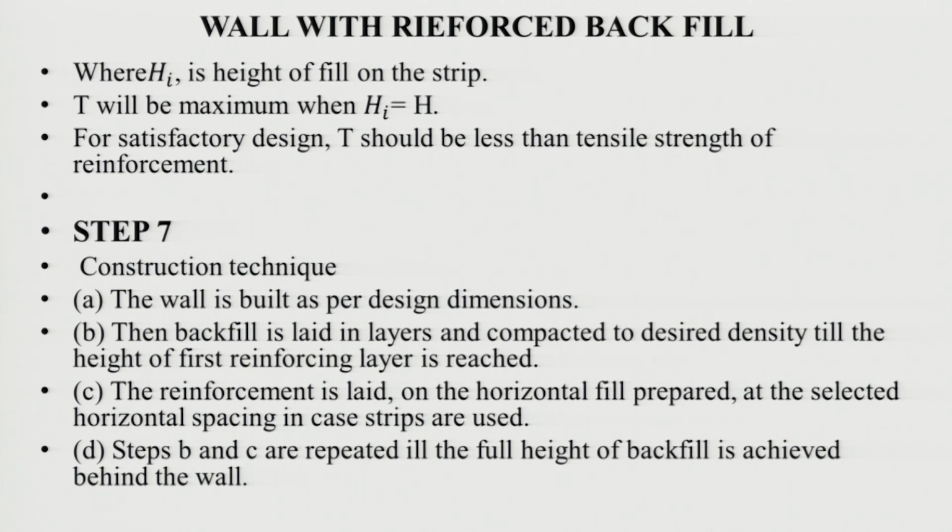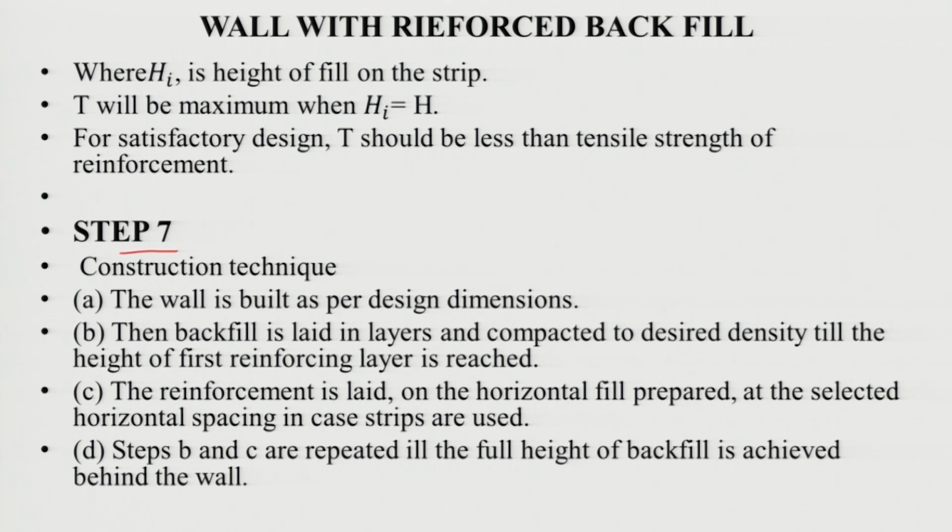So, we go for step 7 for design. For the construction technique, the wall is built as per design dimension. Second, the backfill is laid in a layer and compacted to the desired density till the height of first reinforcement layer is reached.